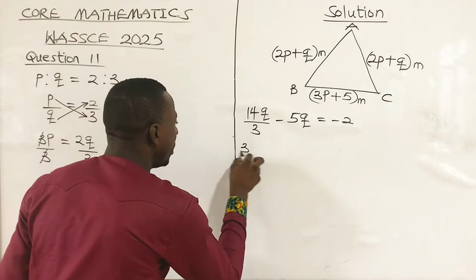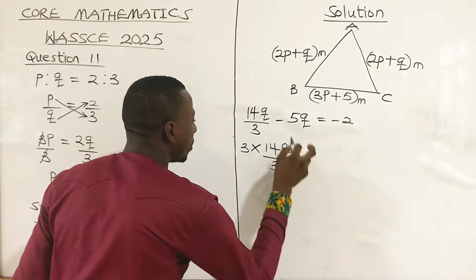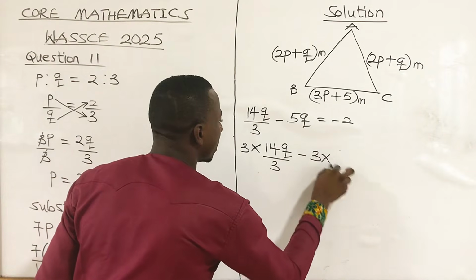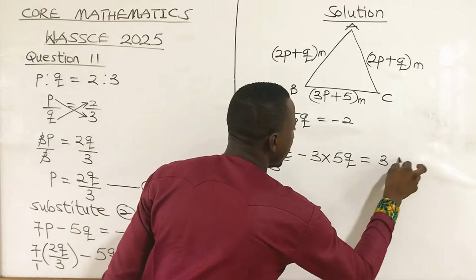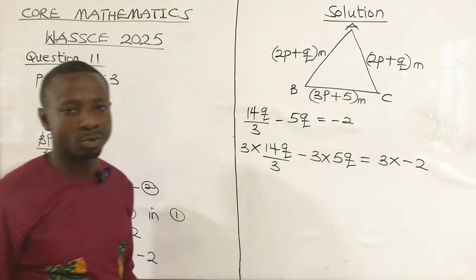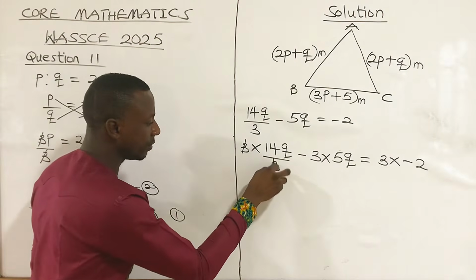So I have 3 times 14q over 3, minus 3 times 5q, which is equal to 3 times negative 2. Multiplying through by the LCM, this takes off this.